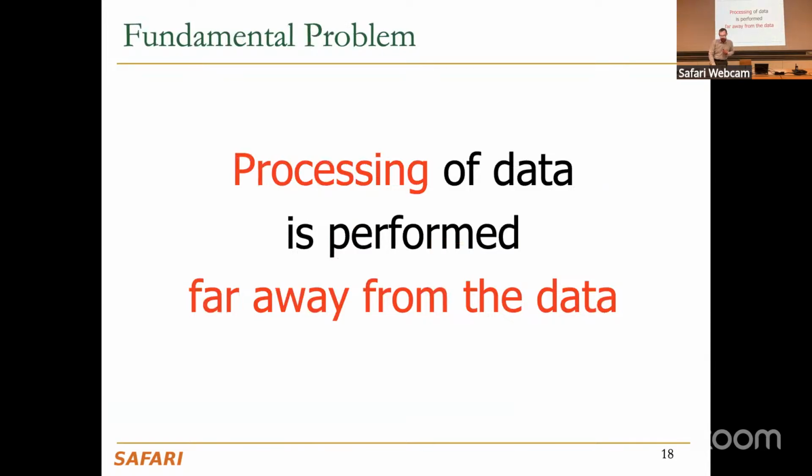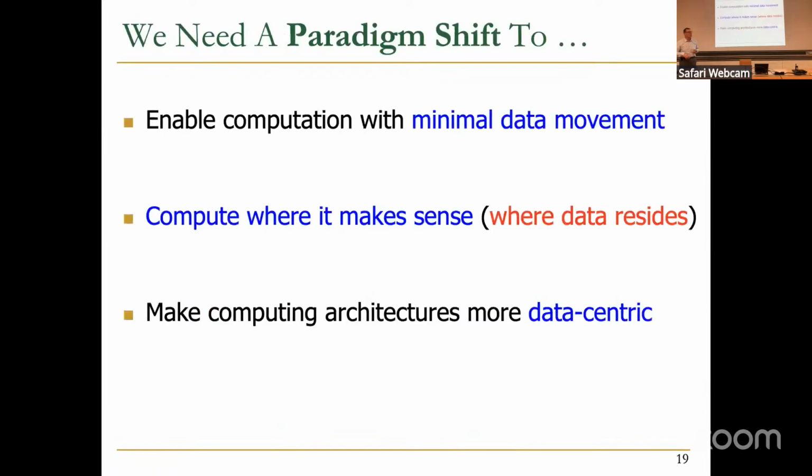Okay, so basically we have a fundamental problem. The problem is that processing of data is performed far away from the data. We're moving data a lot. So how do we solve this problem? Clearly, you can make incremental changes in your algorithms to try to reduce the data movement. I think those are all good, and they should be done. But the fundamental inefficiency really comes from our inability to do something else on the memory side.